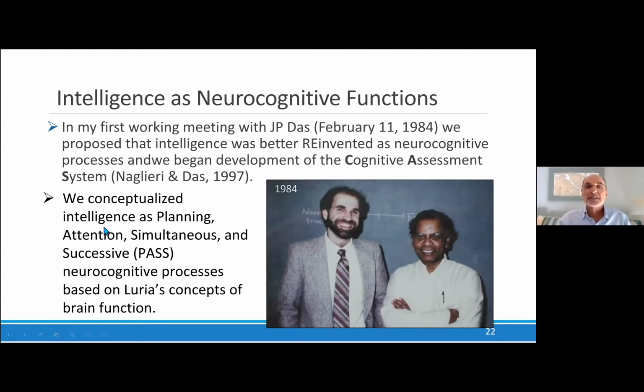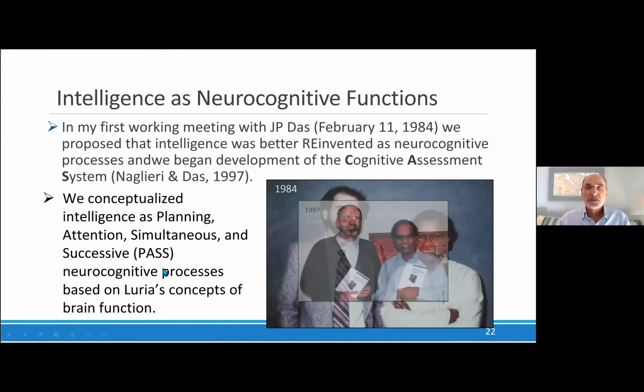We conceptualized intelligence or basic psychological processes or abilities, or whatever term you want to use, as planning, attention, simultaneous and successive neurocognitive processes based on Luria's concept of brain function. Brain function is what we're going to discuss.